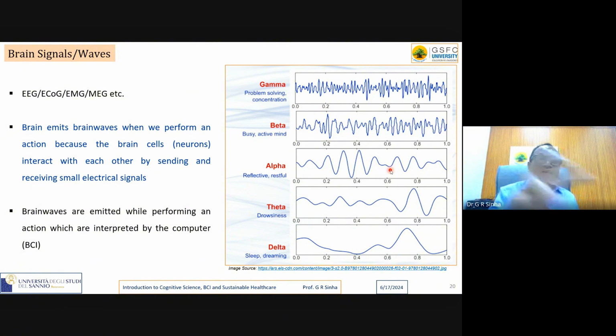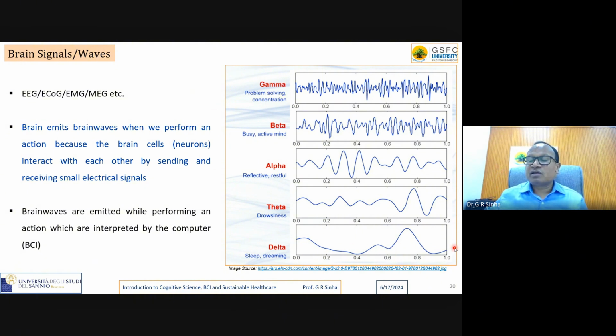So when you decompose this composite EEG signal, you will get different parts. And what are those different parts? These are the different parts: gamma, beta, alpha, theta, and delta. I have not mentioned the frequency ranges of these components, but you can clearly understand from the picture that the lowest frequency is delta.